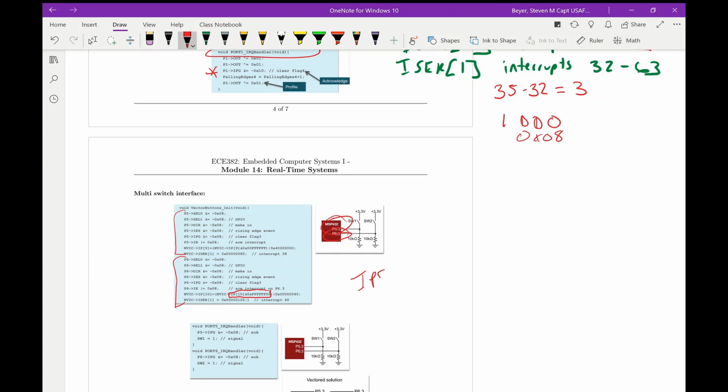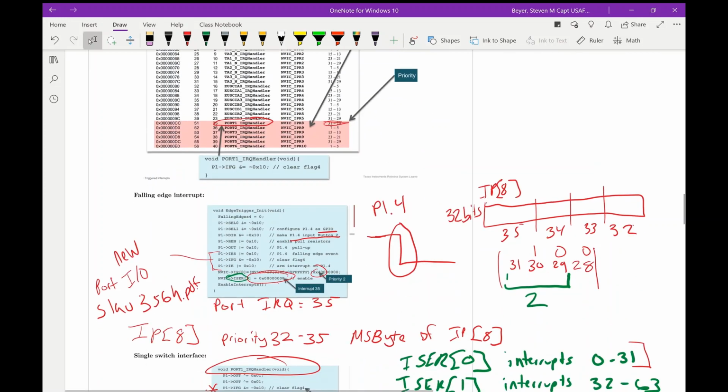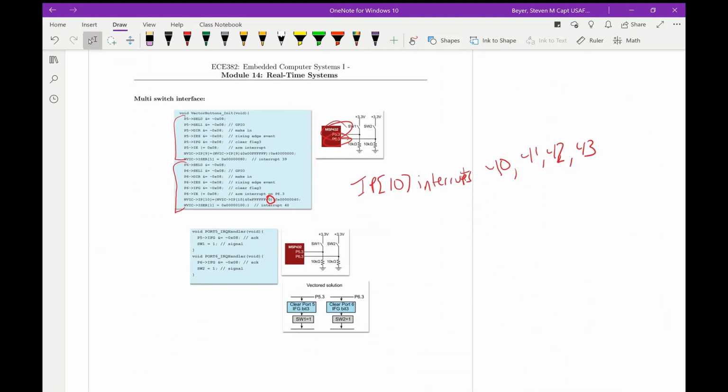IP10 is going to deal with interrupts 40, 41, 42, and 43. 40 is going to be at the least significant byte, so that's why we're clearing those bytes here. 40 is looking at bits 7 through 5 of IP10.